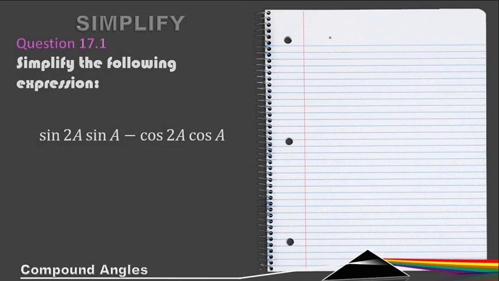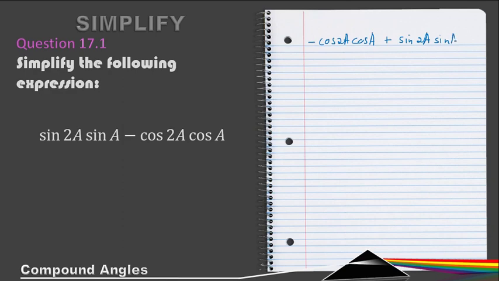So for question 17.1, once again, I've got a sine and a sine and a cos and a cos. So this belongs to cos, although cos is first. So by swapping these two terms, remember the sign in front of the term goes with the term, meaning we have to say minus cos 2a cos a plus sine 2a sine a.